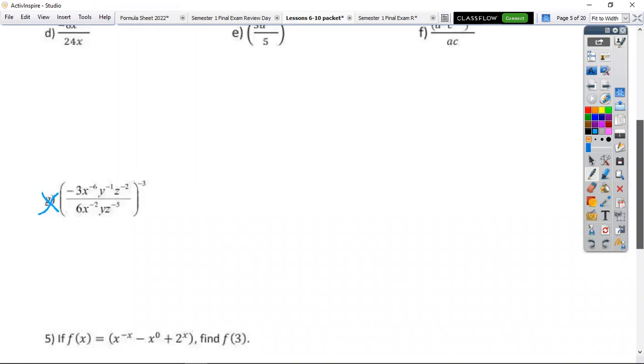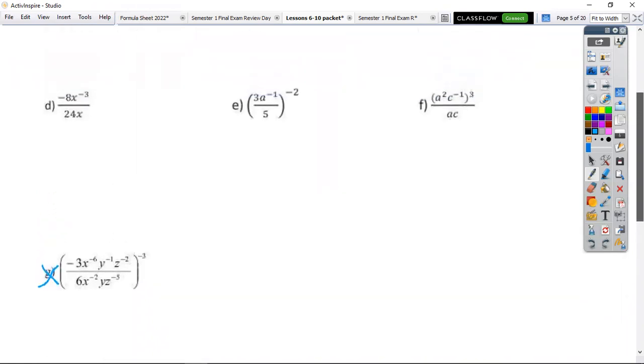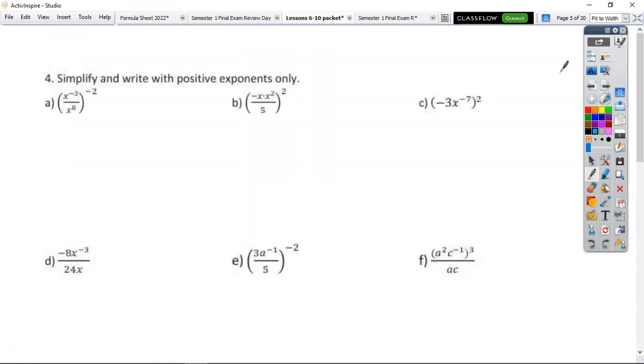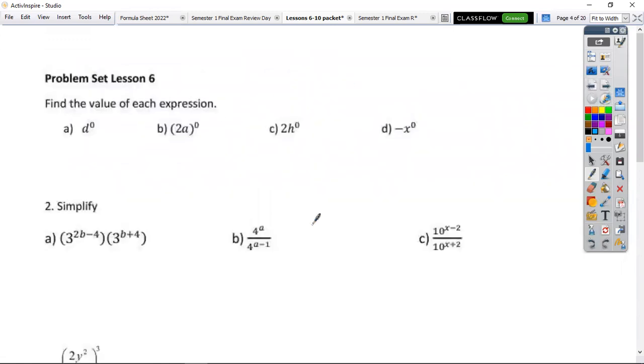I'm sorry, it's not 5. It says G. So you may cross off letter G if you want to. If you want to try it, it's really not harder. It's just a little bit lengthy as far as all the flips you have to do. Okay. All right, so the time is yours to work on those homework problems. And definitely this week too, make sure that you're taking opportunities to get caught up.